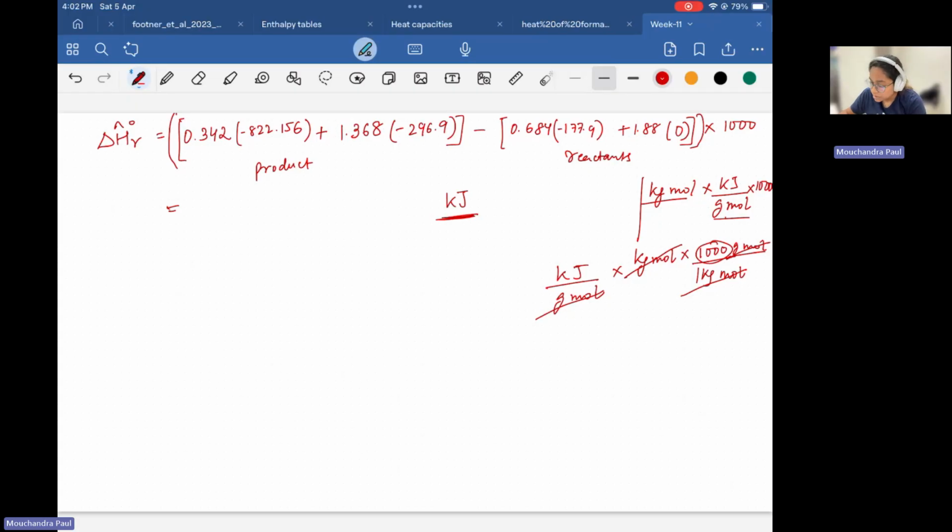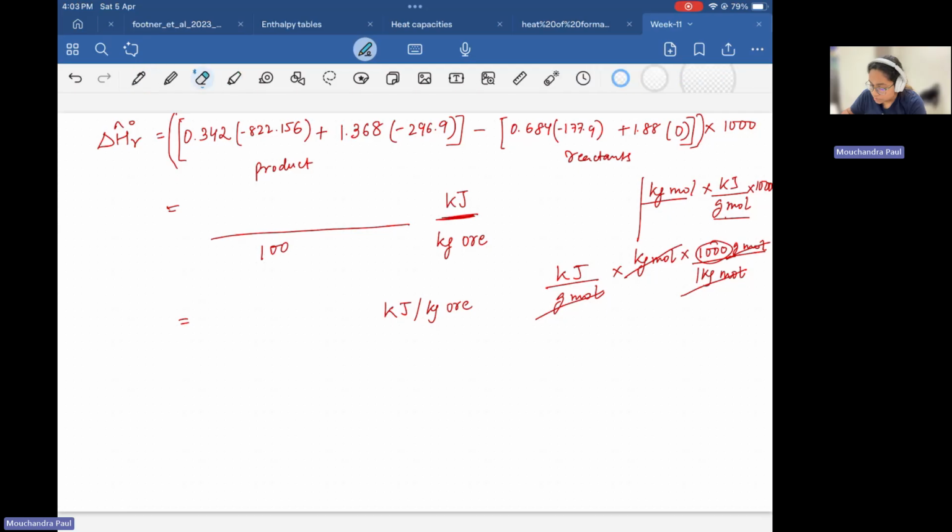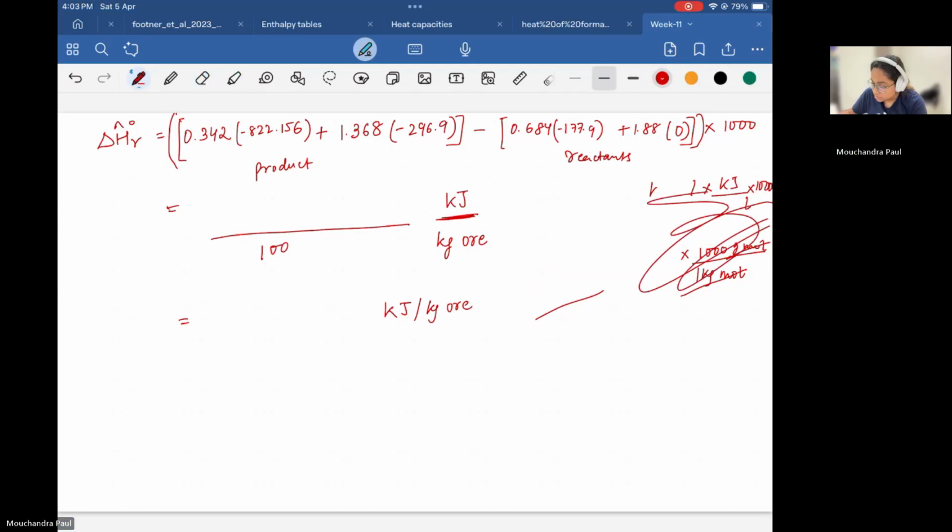So if we multiply this entire expression with 1000, we will get the answer in kilojoule. The final answer will get divided by 100 because it is the kg of ore that we need. The final answer should have a unit of kilojoule per kg ore. I hope this part made sense to you, right?